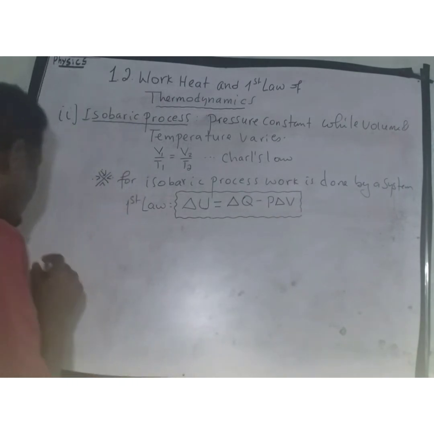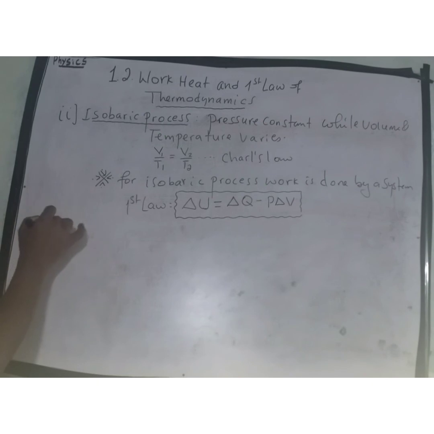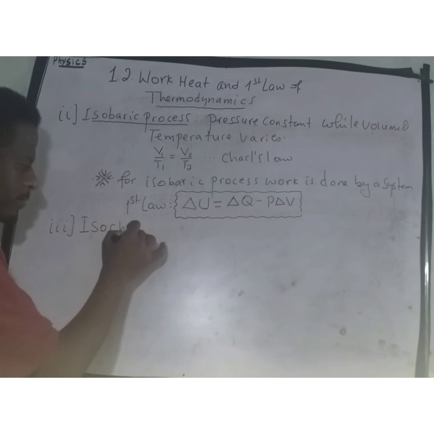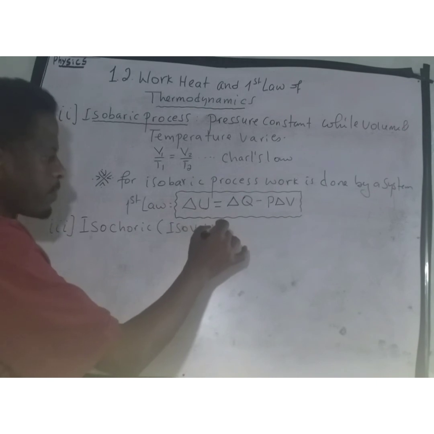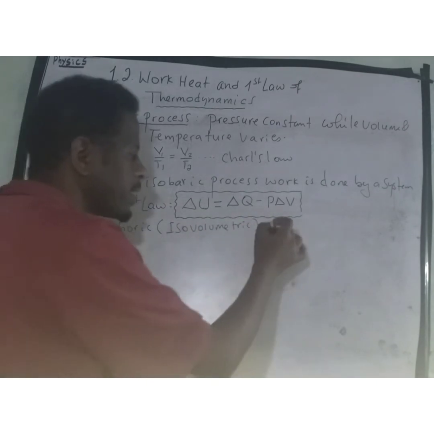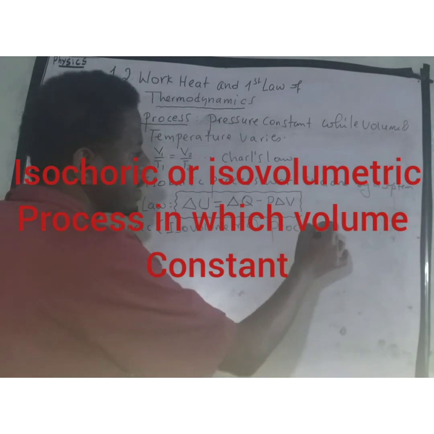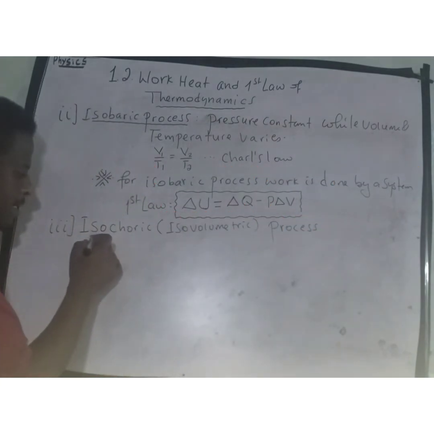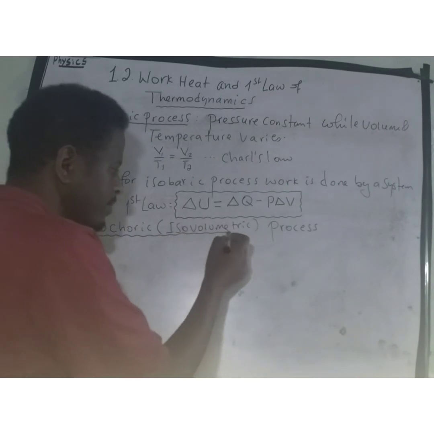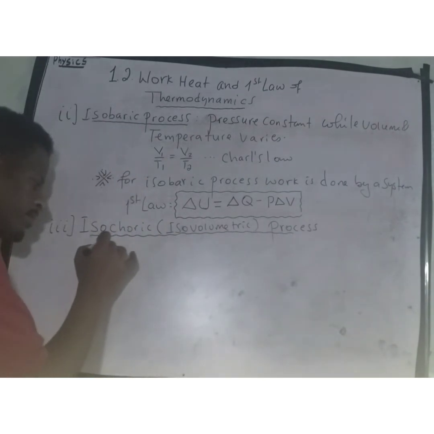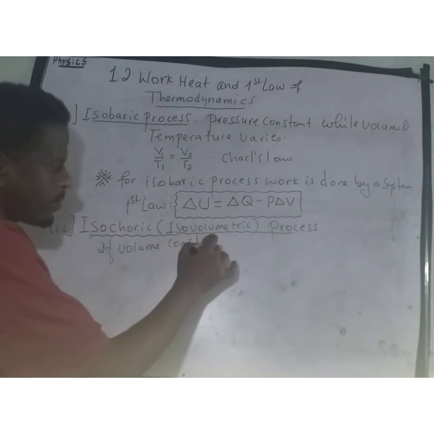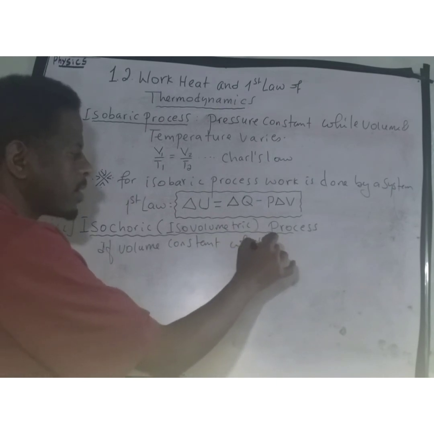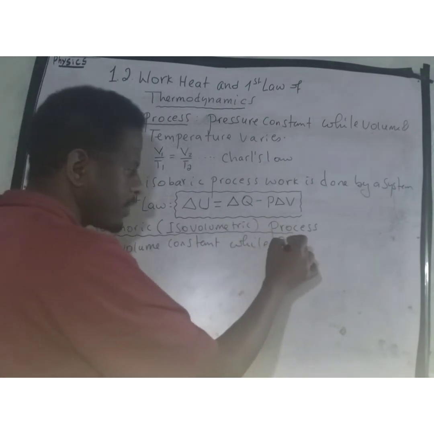And the third one, the isochoric or isovolumetric process. In this case, volume is constant while pressure and temperature vary.